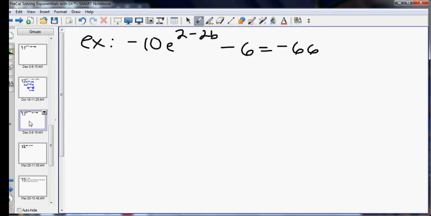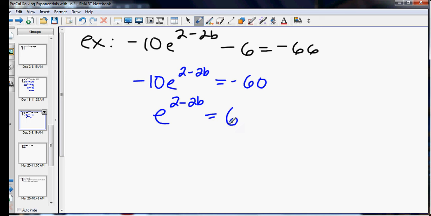And then divide by negative 10. And now we do have the exponential by itself, so we'll take the natural log of both sides. Cancels out the e, or technically just undoes it because they're inverses, but anyway, leaves the 2 minus 2b equals the natural log of 6.